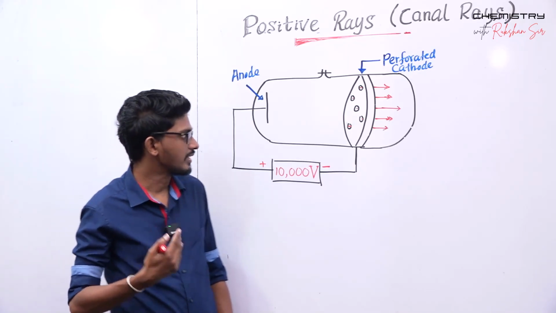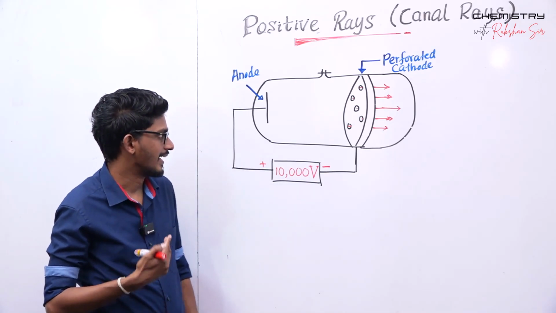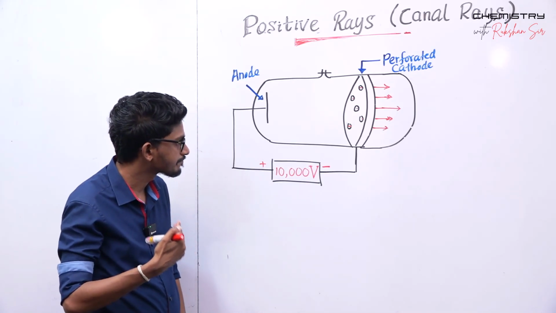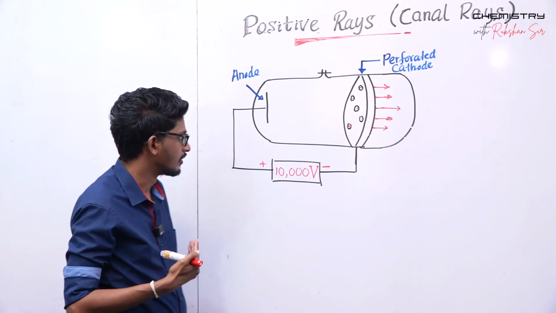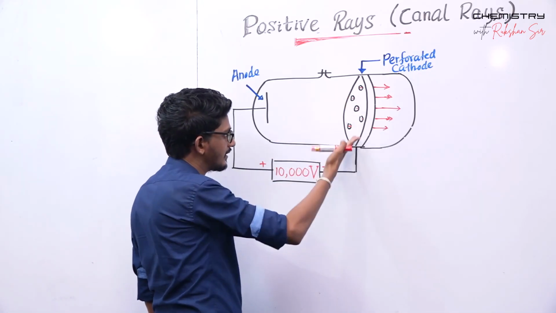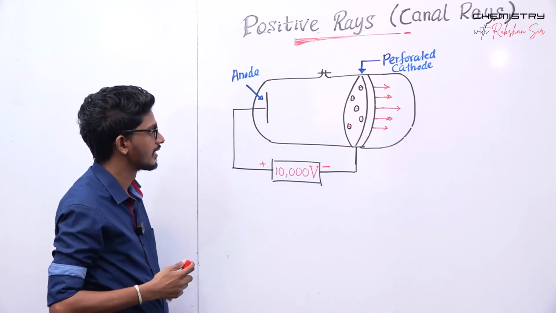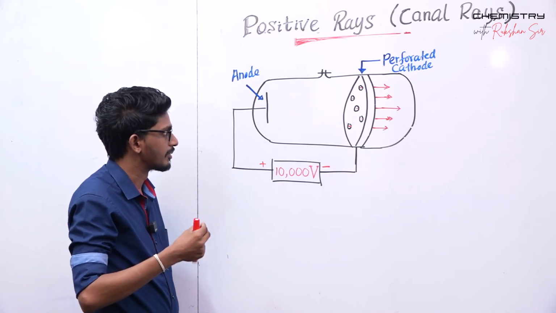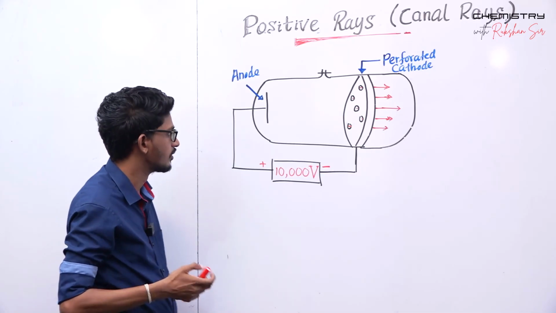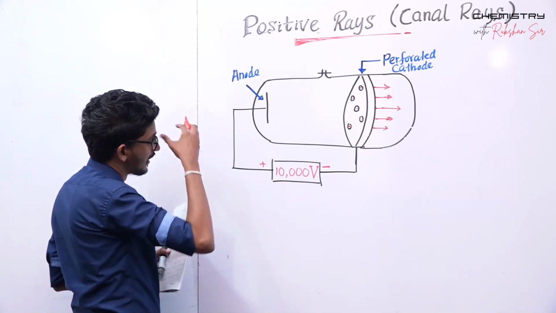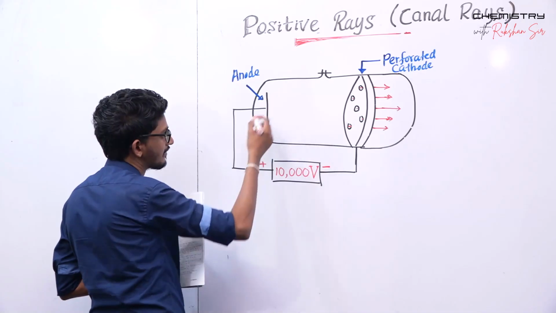And then they ultimately concluded, even though they see these rays coming from the canals of the cathode, with some experimental evidence, that these rays actually originate from the gas inside the tube.